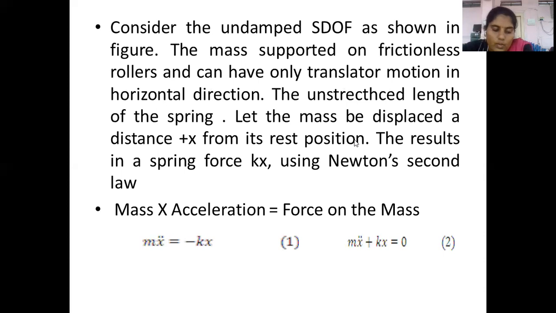Okay, so below this write down mx double dot plus kx equal to 0. Equation number 1 is mx double dot is equal to minus kx, and below this, mx double dot plus kx equal to 0, that is equation number 2.